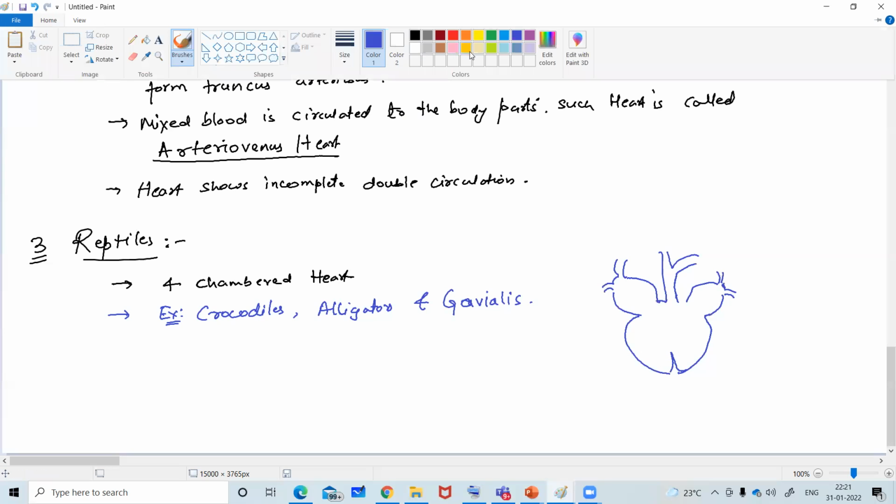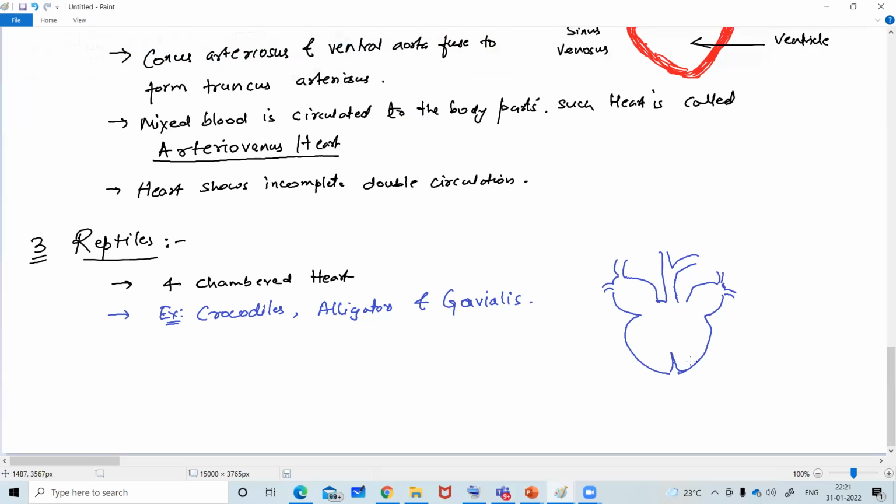Let me label the parts now. This is interventricular septum, which is incomplete. It is not complete here. It should be touching the upper part, meaning the entire heart will divide into two parts, I mean right side and the left side, right?